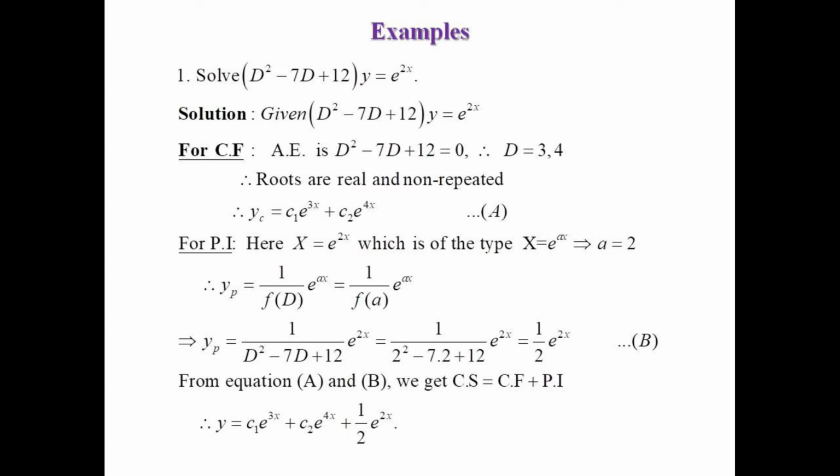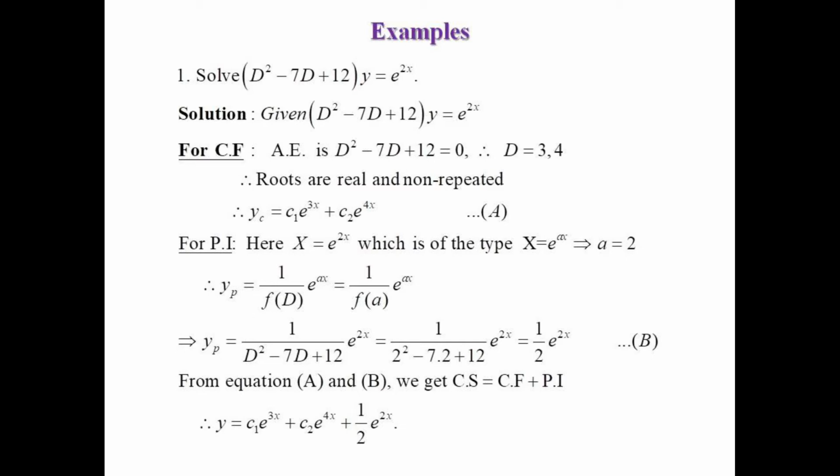If we simplify the denominator, we get 1 upon 2 into e raised to 2x, as it is. In this way we get the particular integral of the linear differential equation. Let's denote this equation by b.